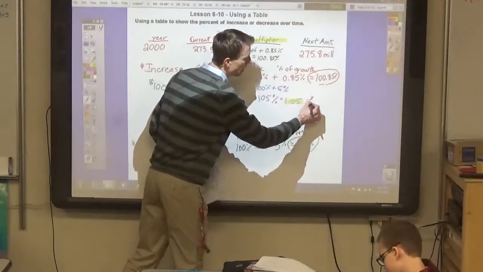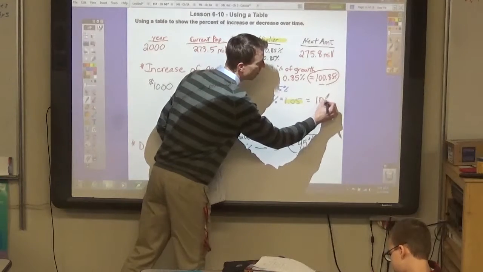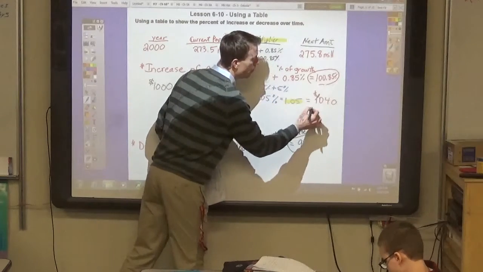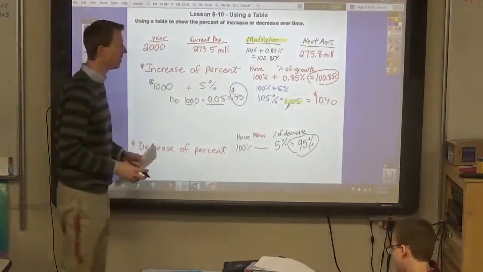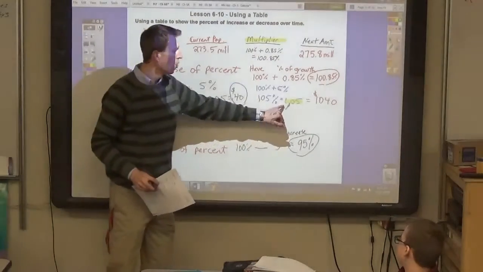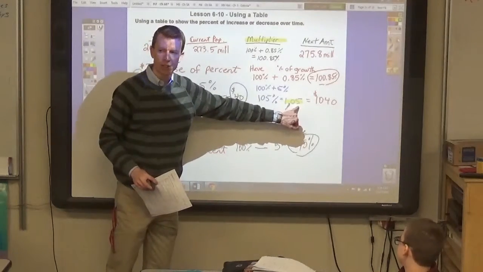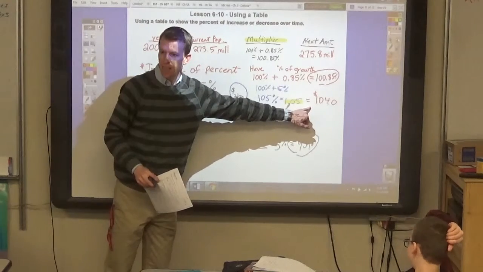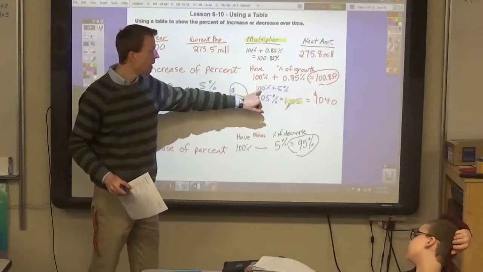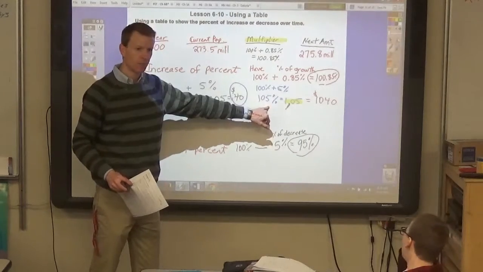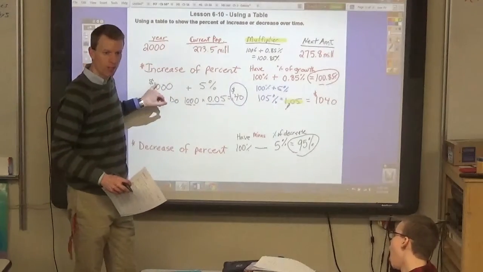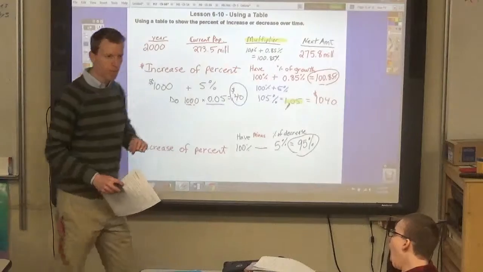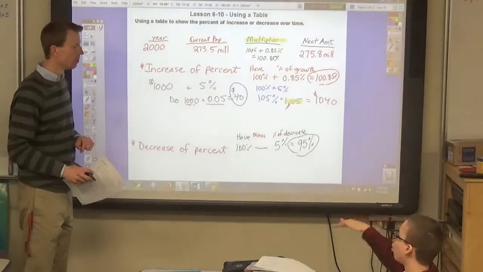The multiplier would give us the total amount right away. If you do this on your calculator, 1,000 times 1.05, you get the ending amount right away. Because that's the multiplier. That's adding 5% to the original amount.